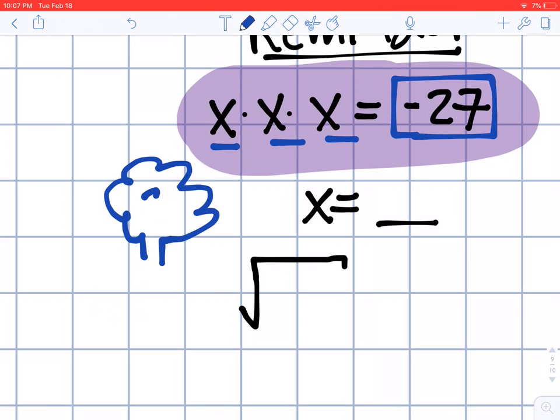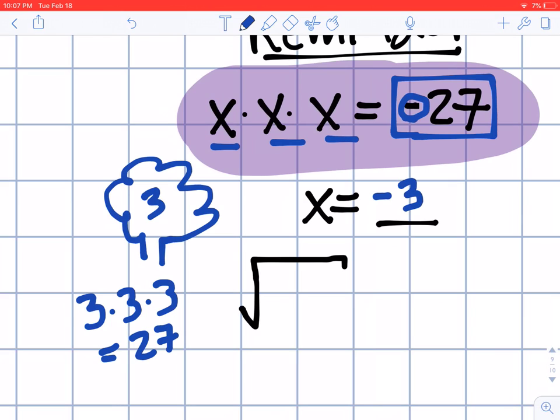So we guess 3. And now we can see that, oh yeah, 3 does give me 27. But I need negative 27. So my answer will be negative 3, because if I multiply 3 negatives, then I get a negative 27. All right?